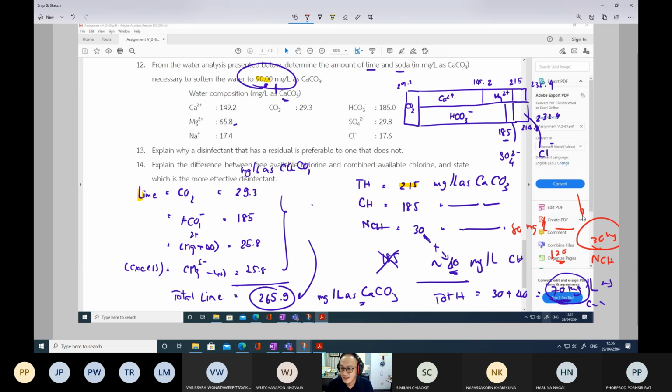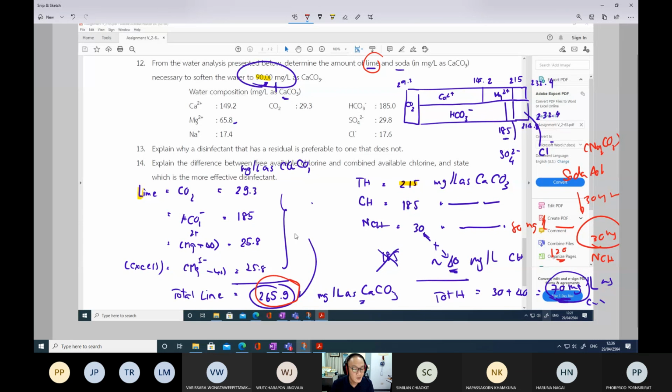So we have to add soda ash or sodium bicarbonate, 30 milligrams per liter as calcium carbonate. Finally, you have to add soda equal to this amount, along with the lime. But in this question, as the non-carbonate hardness in combination with the 40 milligrams per liter left is still under the requirement, it is okay.